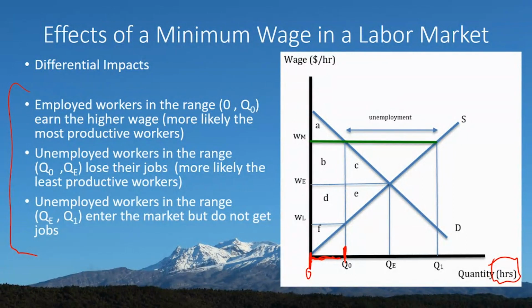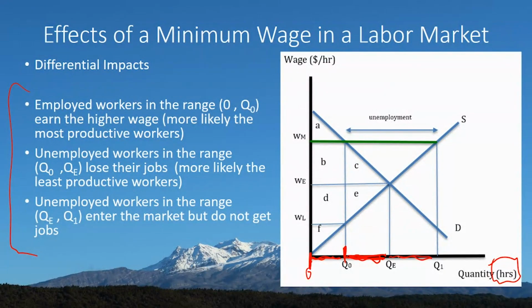They're the ones who really benefit from this minimum wage law because they continue to be employed and they get the higher wage. Then we've got these workers here between Q0 and QE. Those workers are the ones who had a job without the minimum wage law, paying lower wages, but now that the minimum wage law has been put into effect, they're out of a job. So those are the workers who lose their jobs because the minimum wage is put into effect.